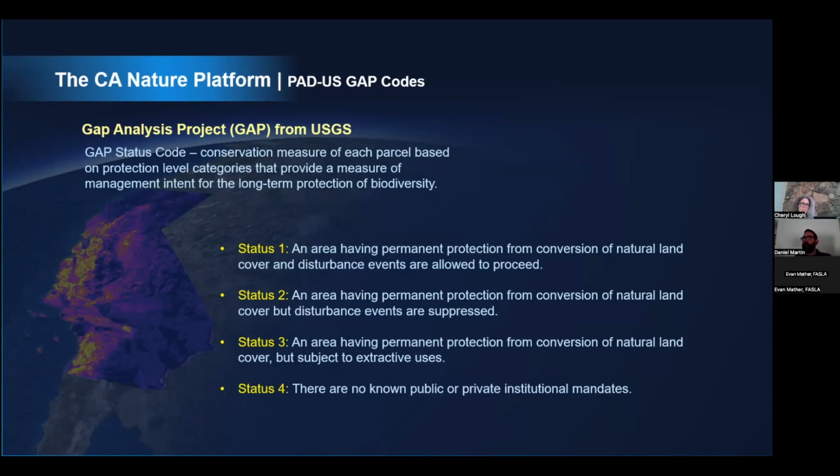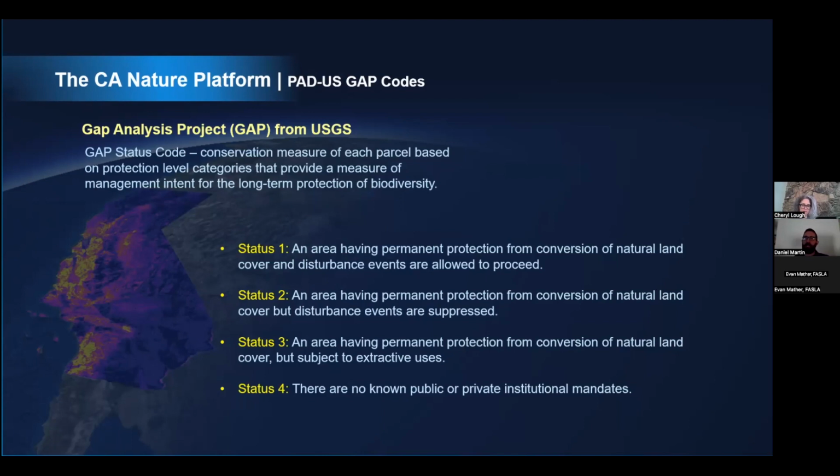But there's one thing I wanted to speak a little bit about, which is the gap analysis project. And we call them gap codes. This is from USGS, and you might have heard of PAD-US. So that's the Protected Areas Database. These are a series of parcels that are national, that are all areas that are conserved and protected from development.